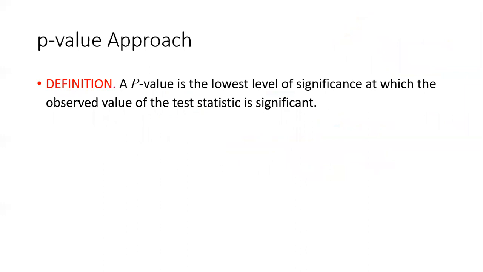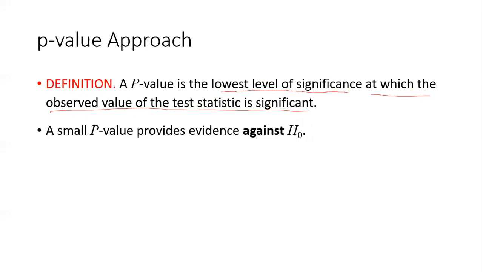So what is the definition of a p-value? The p-value is the lowest level of significance at which the observed value of the test statistic is significant. A small p-value provides evidence against H0.